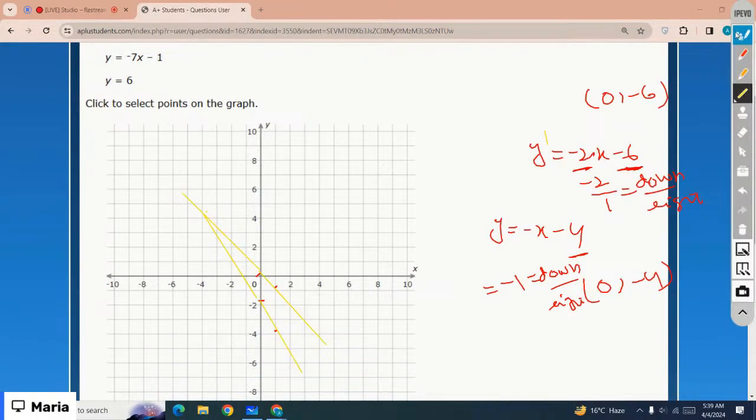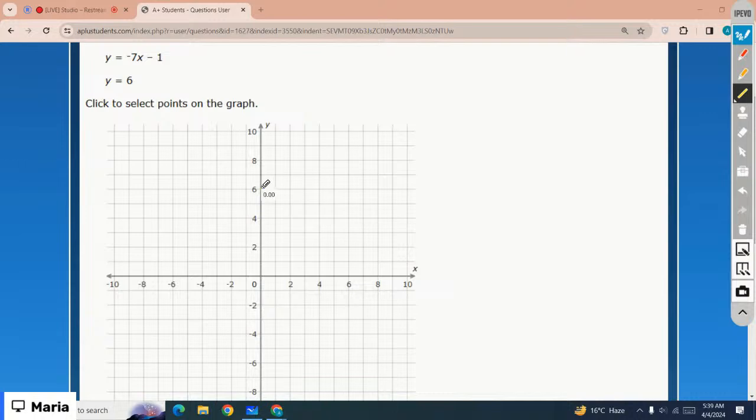Okay, y equals 6, right? This is the line at y equals 6. Okay, the y-intercept is 0, negative 1, right?